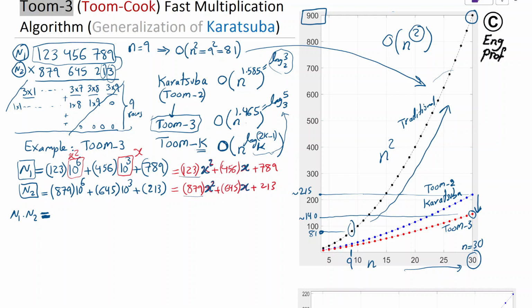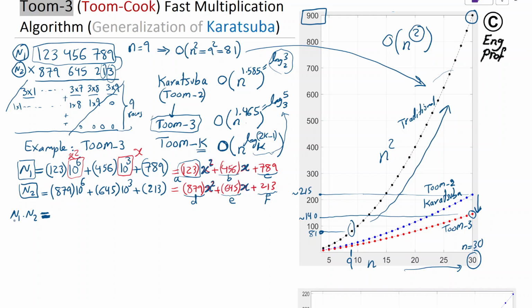123 times 879, and then we get x squared. So to simplify the description, I want to refer to these numbers as A, B, C, D, E, F. So I'm going to refer to 123 as A, 456 as B, 789 as C. And I'm going to refer to 879 as D, the next one as E, and then the last one as F. There is nothing wrong with that.